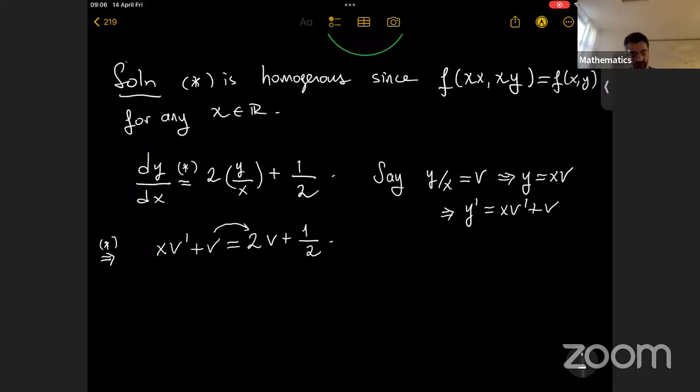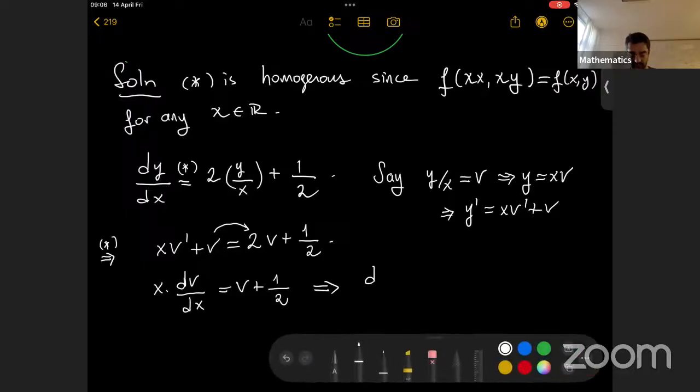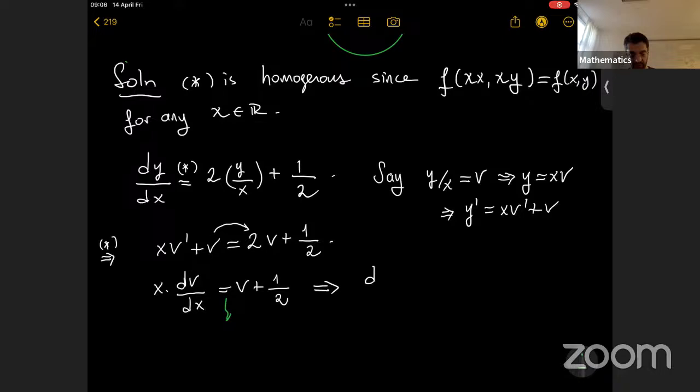We will get x times dv over dx, this is v prime, is equal to v plus 1 over 2. So it becomes separable basically, okay? So this is separable now. You start with a homogeneous equation and make it separable.